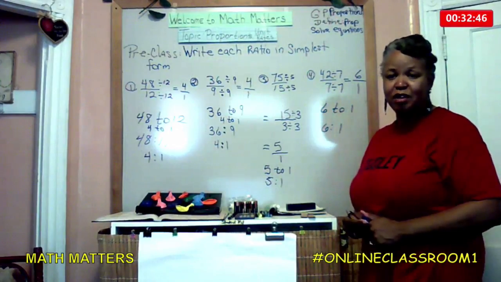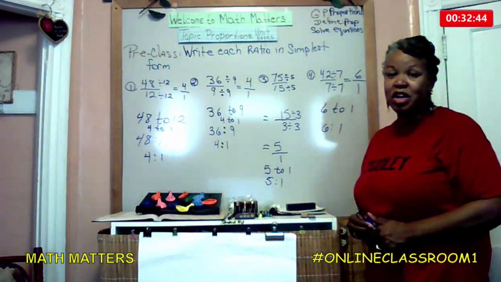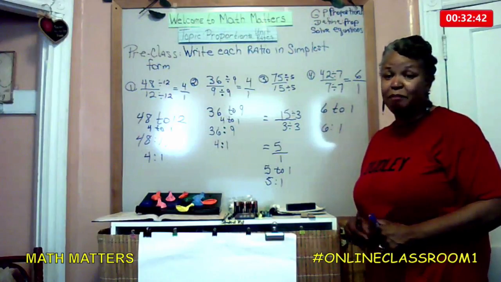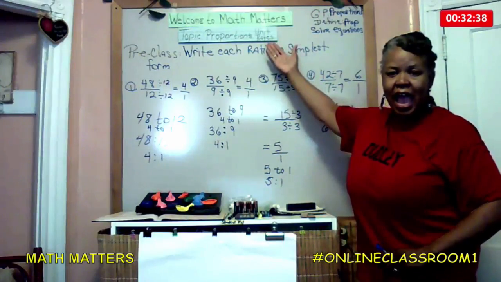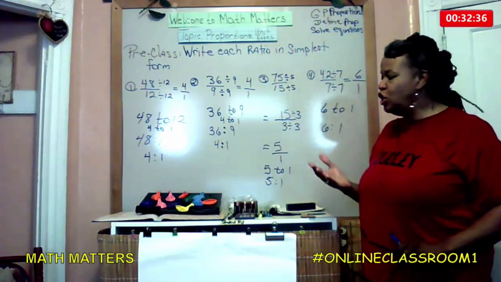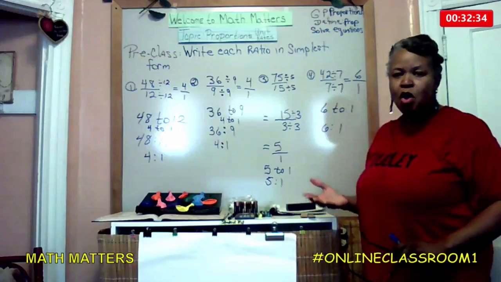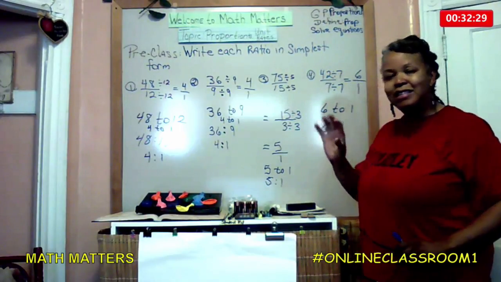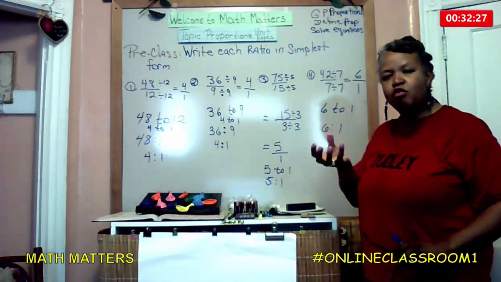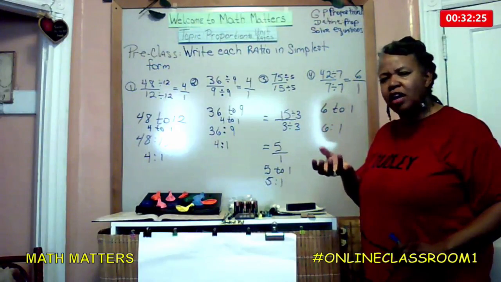I certainly hope so. All right, because we're getting ready to tap into our topic for today. We're going to deal with unit rates, and we're going to do it by modeling. We're going to also compare and look at the modeling of ratios. And what are we talking about?